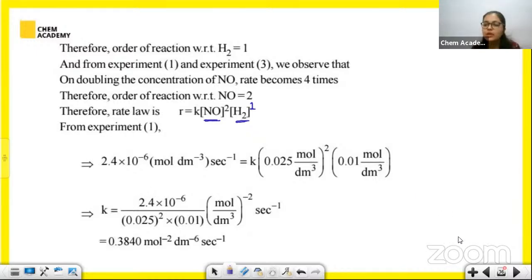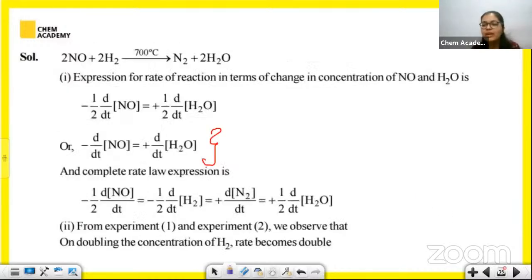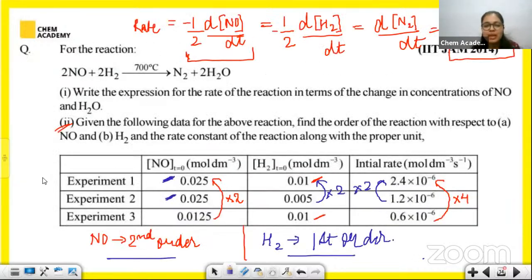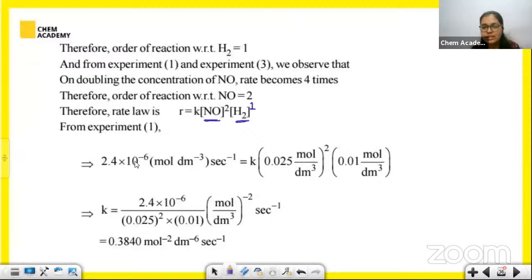Now we will substitute the values from experiment 1 in this equation. See, this is experiment 1. We will substitute the value of NO, the value of H2, and the value of rate in the equation. See, this is the value of rate that we substituted from experiment 1. This is the value of NO that we substituted from experiment 1. And this is the value of H2 that we will substitute from experiment 1, and we can easily determine the value of K from the equation.